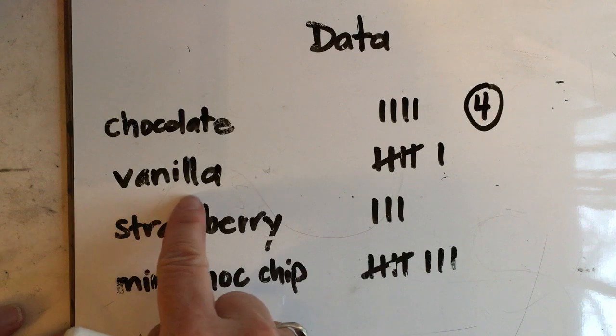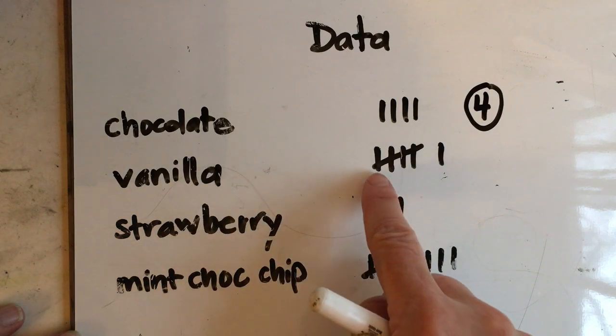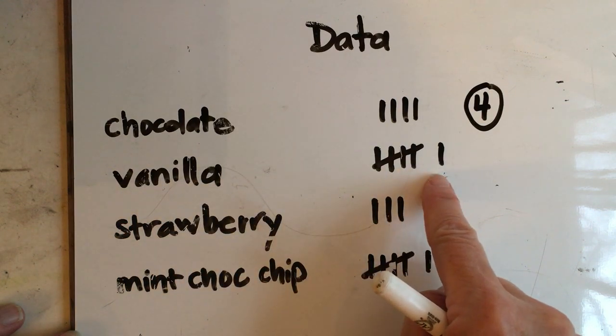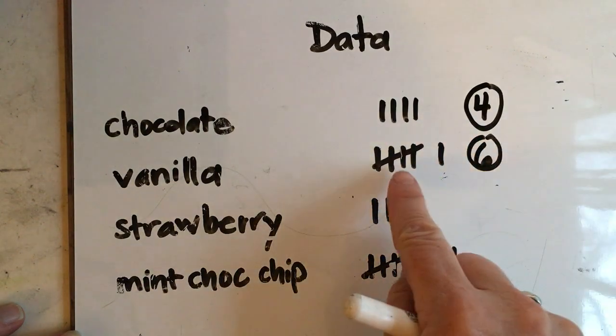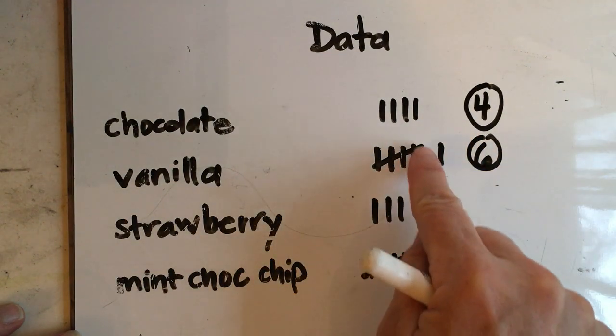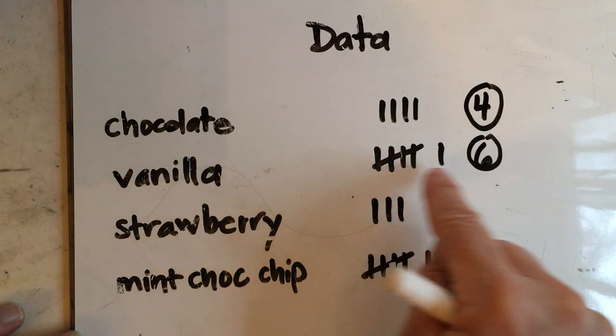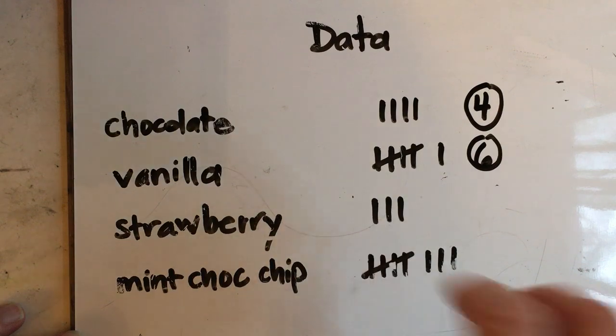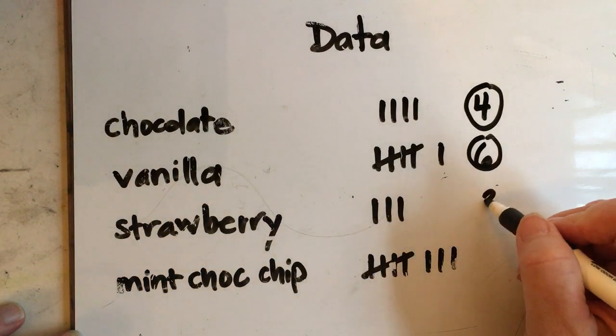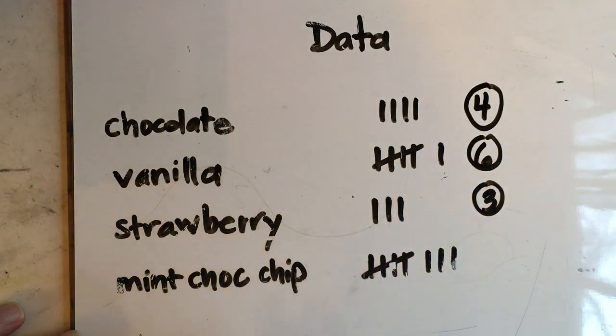Okay, how many people voted for vanilla? Yeah, do you remember how to read tally marks? So when you see the crossed out one, you know that whole chunk is 5. So 5 and 1 more makes 6. Good. How many people voted for strawberry? 3. Great.